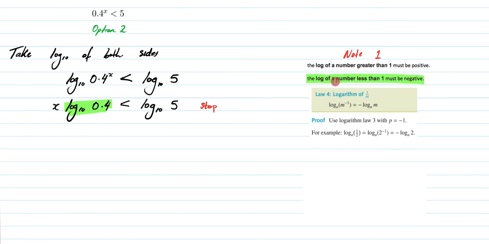The take-home message is that the log of a number less than 1 must be negative, which means as we divide across by this number, my inequality is going to switch. So I come up here and I'm going to write x is greater than log of 10 to the 5 over log of 10 to the 0.4. That right there is going to be my answer.